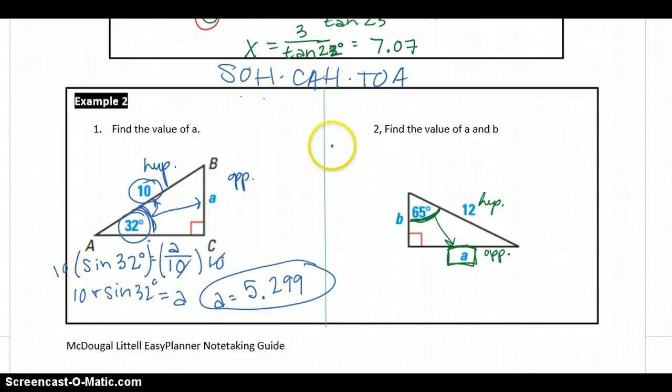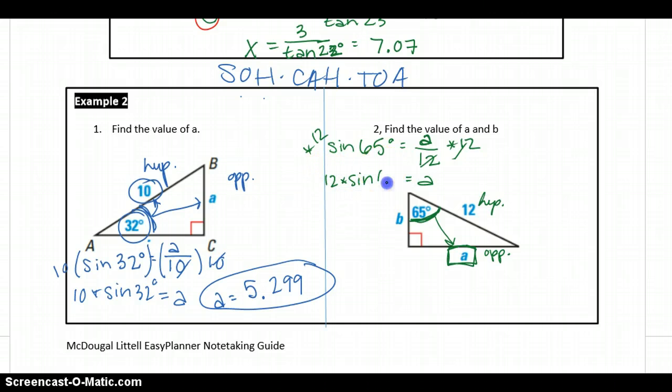So sine of our angle, which is 65 degrees, is equal to opposite over hypotenuse. The opposite side of 65 degrees is A. The hypotenuse is 12. So to get A by itself, I need to multiply both sides by 12. So A is equal to 12 times the sine of 65 degrees.